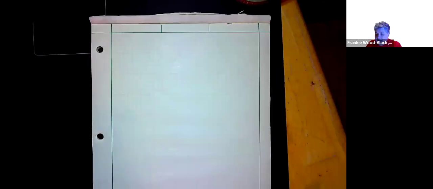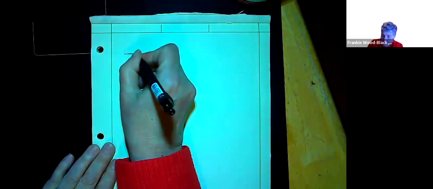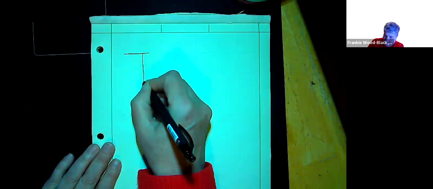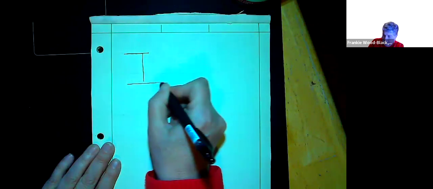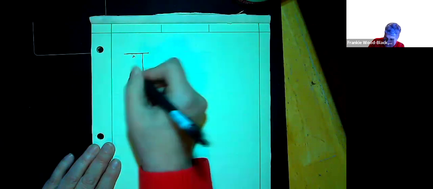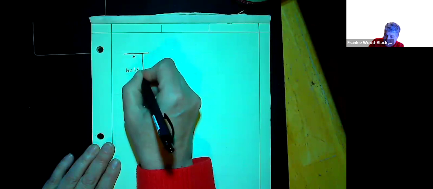So let's look at our projectile motion lab and talk about that particular item. If I have a tabletop, I'm going to measure the height of this tabletop, and I'm going to use 1.2 meters.